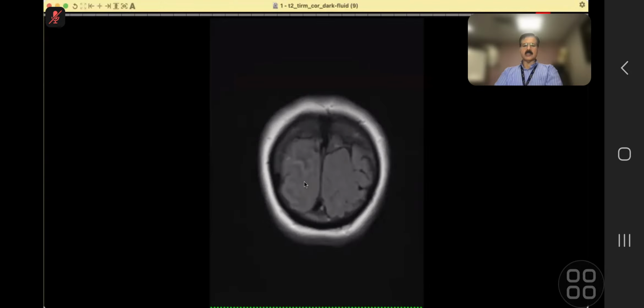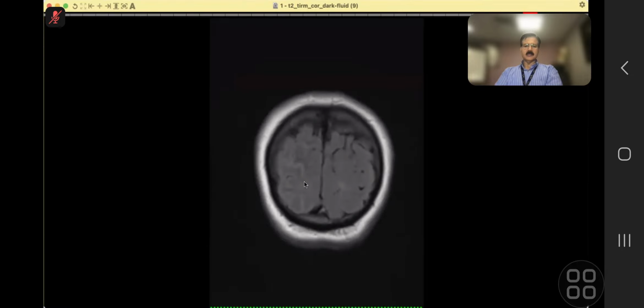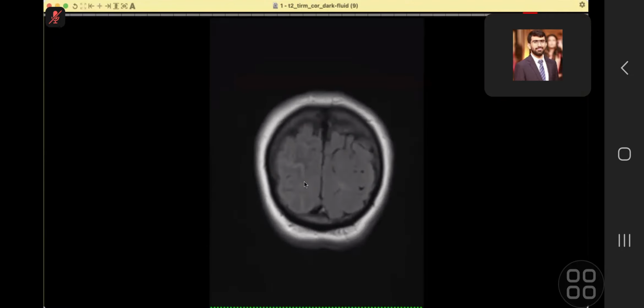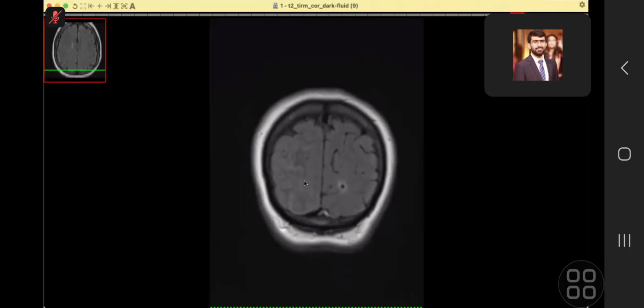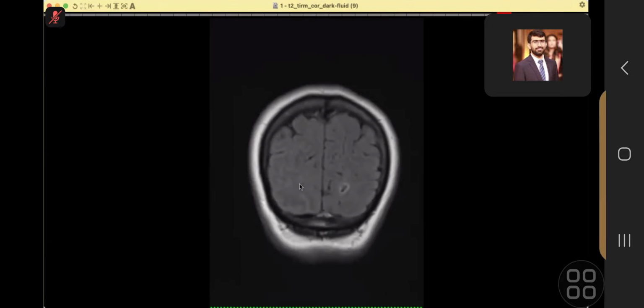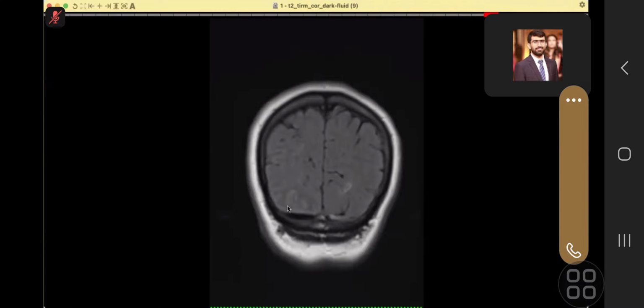Is it only one sulcus or more than that? So it's more than one. It's also here, in this sulcus, along this sulcus. Here also. These are hyperintense signals.